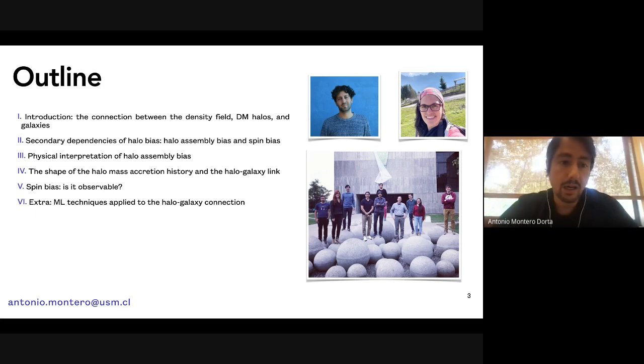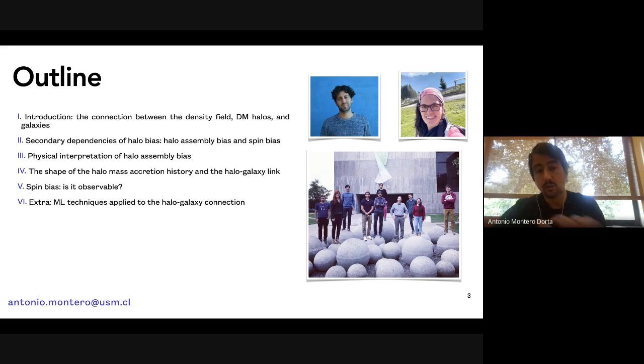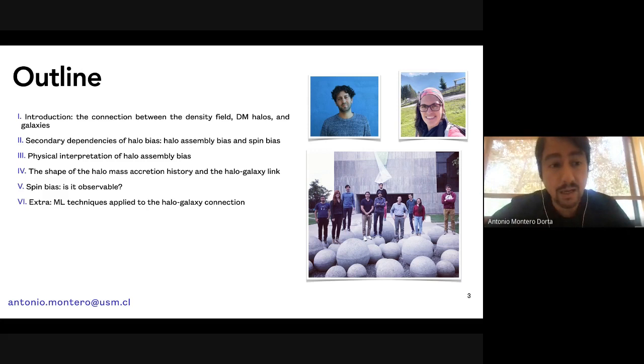I'll talk about the shape of the halo mass accretion history and how that can be a good link with galaxy properties, and also in terms of assembly bias. I'll talk about spin bias, which is the other secondary dependence of halo bias that people have been studying, along with concentration as well. It's a bit of a long shot to observe it, but I'll explain a few ideas there. And I don't think I'll have time to talk about machine learning, but I'll give you a reference to a paper that we just submitted.